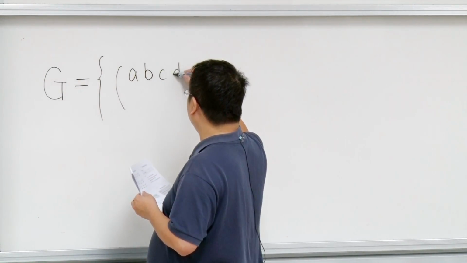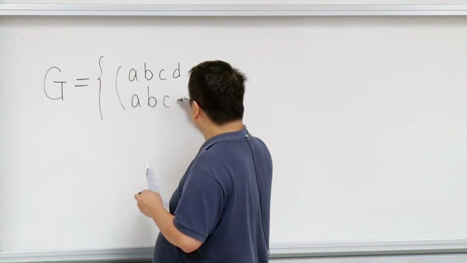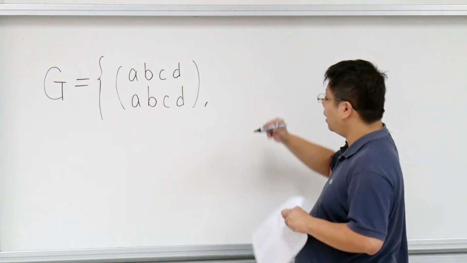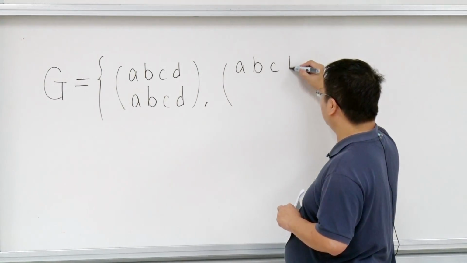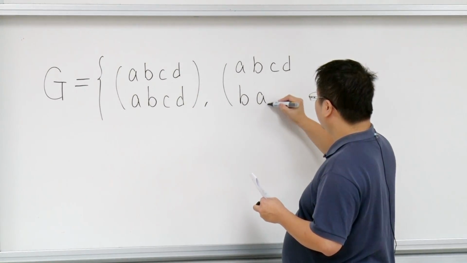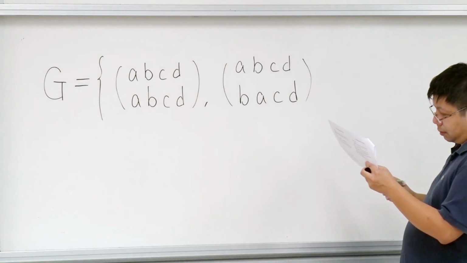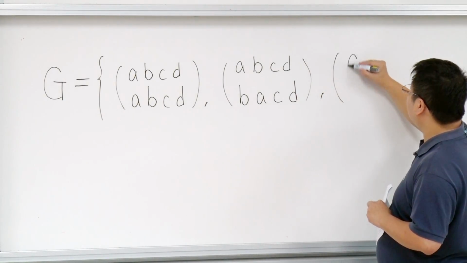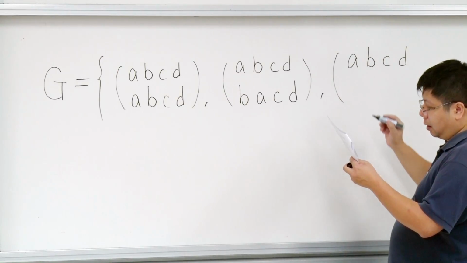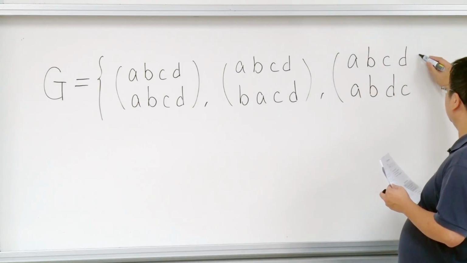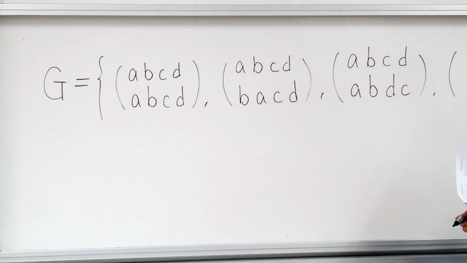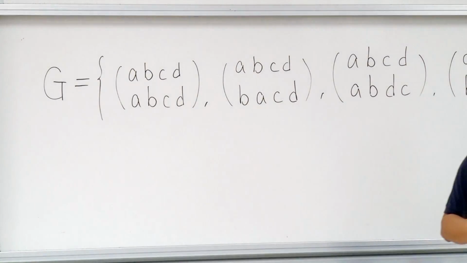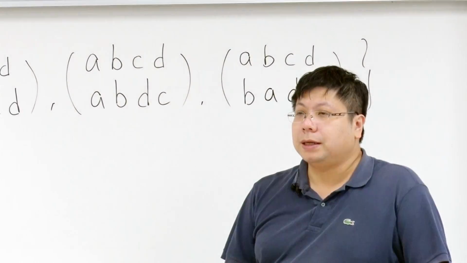A, B, C, D, and then A, B, C, D; and then you have A, B, C, D, you have B, A, C, D; and then A, B, C, D, and A, B, D, C; and then A, B, C, D, and B, A, D, C. Is that okay? We claim that this is a subgroup.